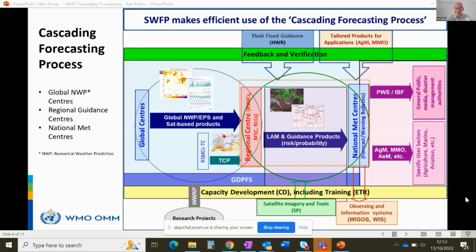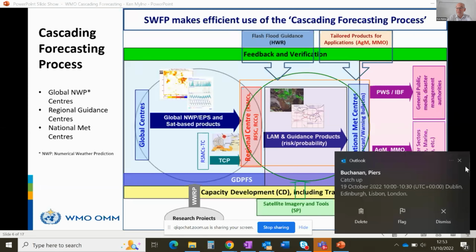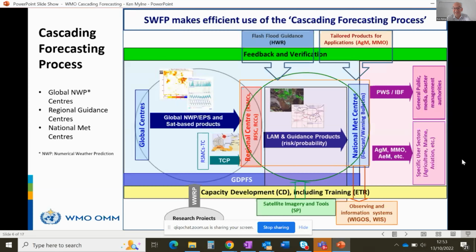And this data is cascaded to the right to these regional centres. And these are designated as RSMCs for severe weather forecasting capability. So, for example, in the one that I mentioned earlier, in Southern Africa, that regional centre is the South African Weather Service in Pretoria.